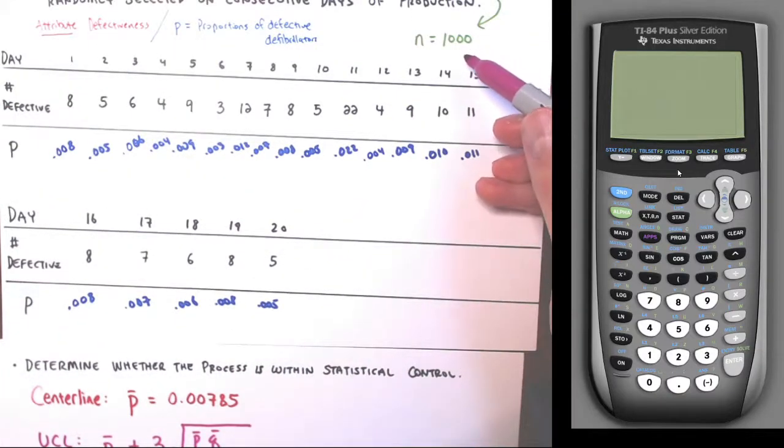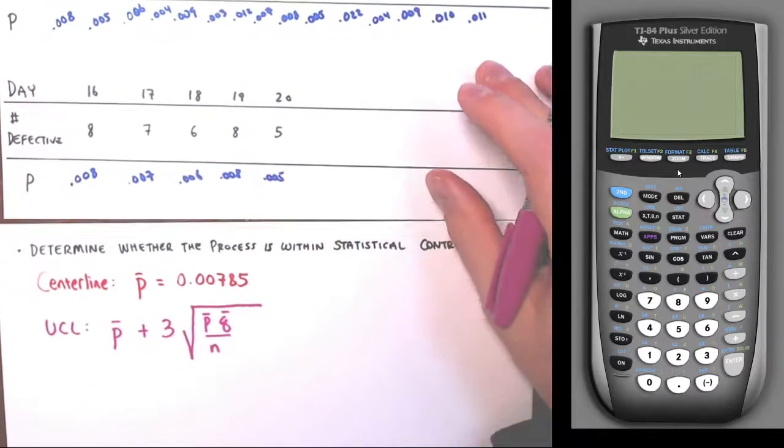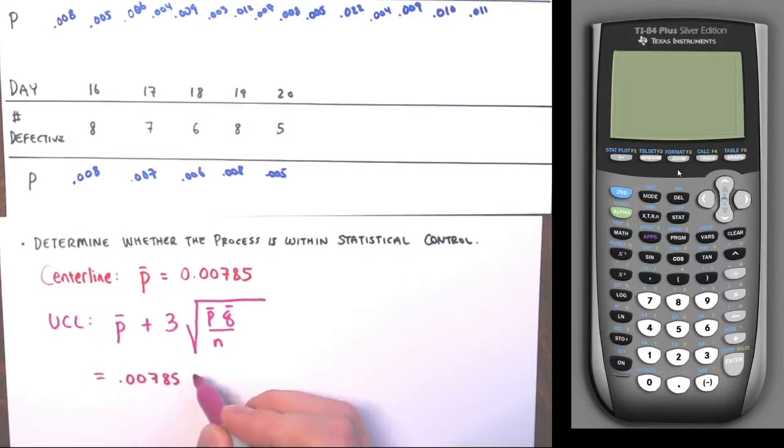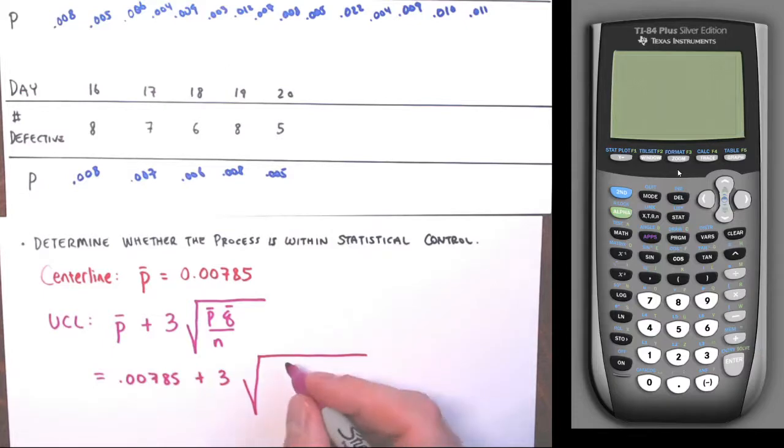Right? There's 1,000 a day, 1,000 in each subgroup, each sample. So that's 0.00785 plus 3 times the square root of 0.00785, right, times, and then q bar is 1 minus p bar.